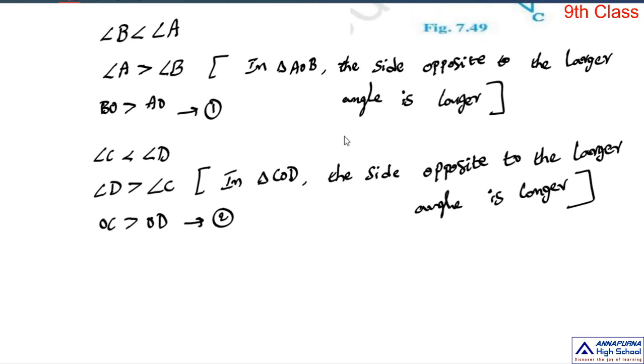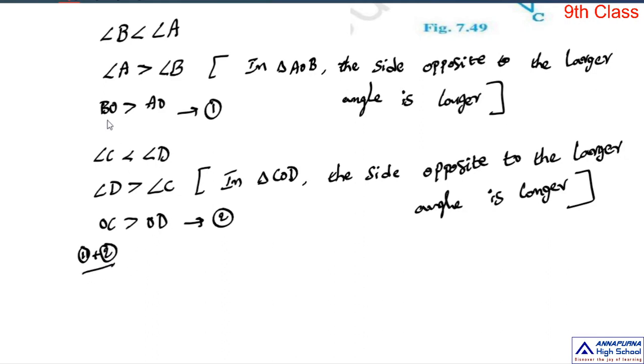Adding the first and second inequalities.